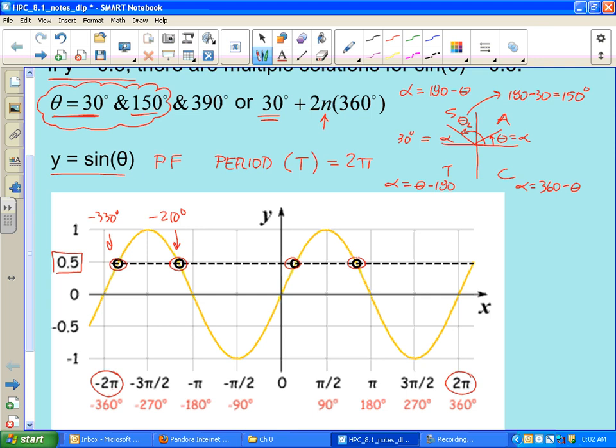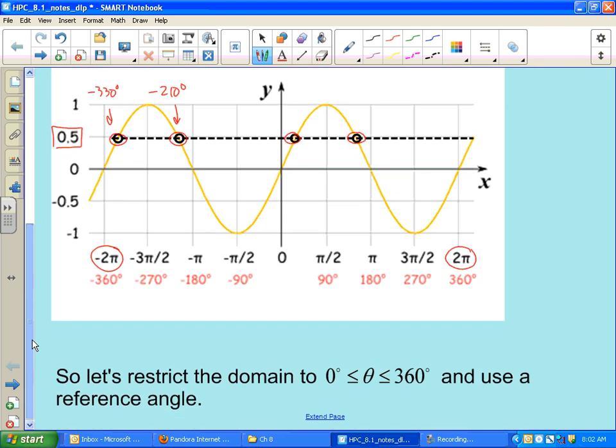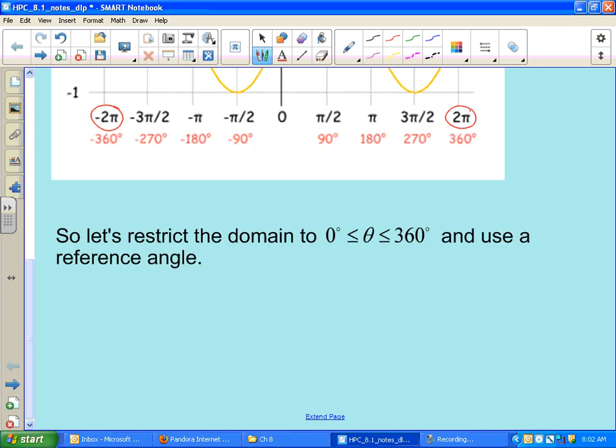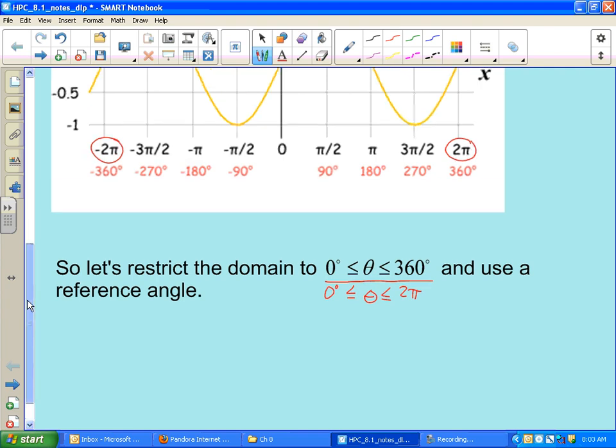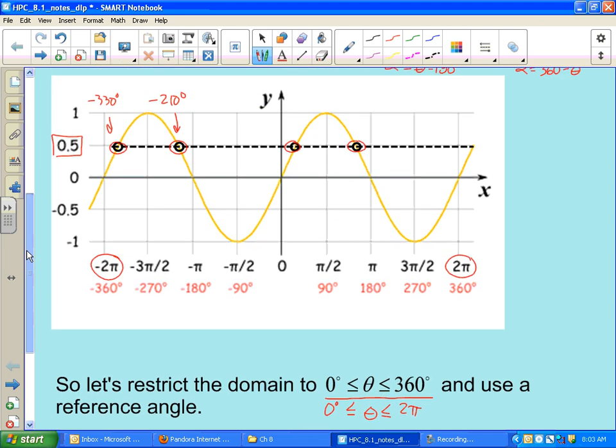So in this case, it would have been 0 to 150 for this answer. And that's what this is saying. Again, these can be in degrees or radians, so pay attention. I could also have theta less than 2 pi and greater than 0. And that'll tell you what kind of angles you're looking for.